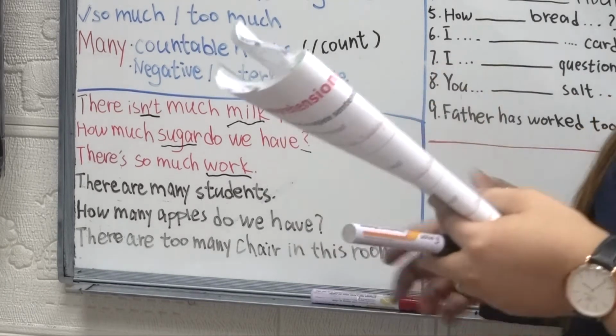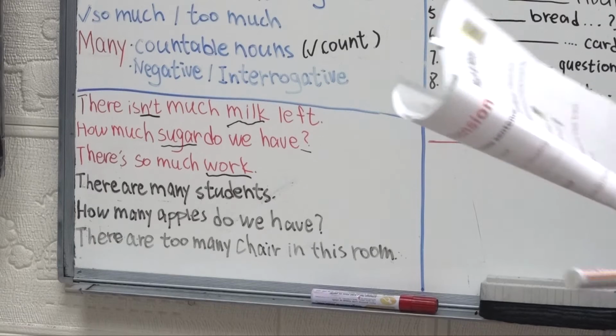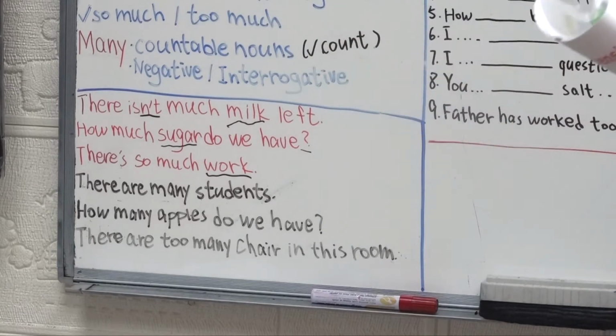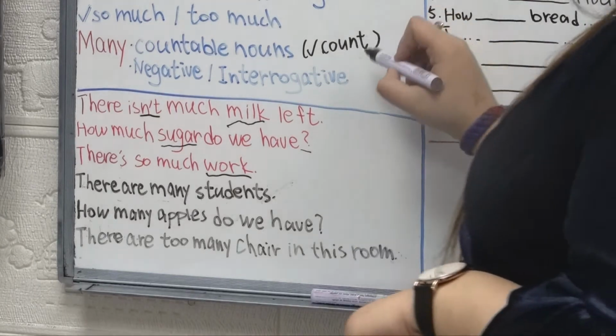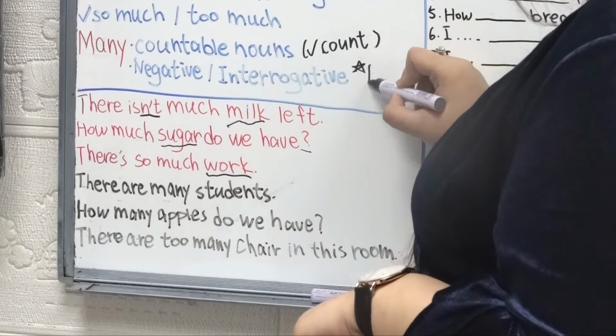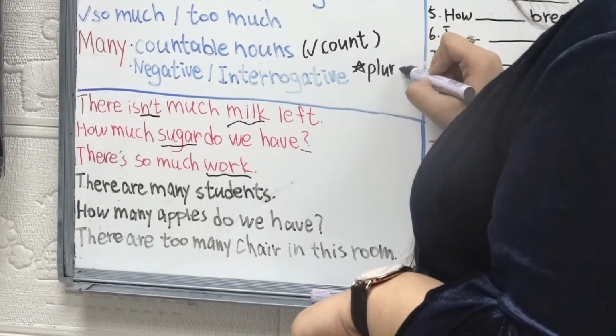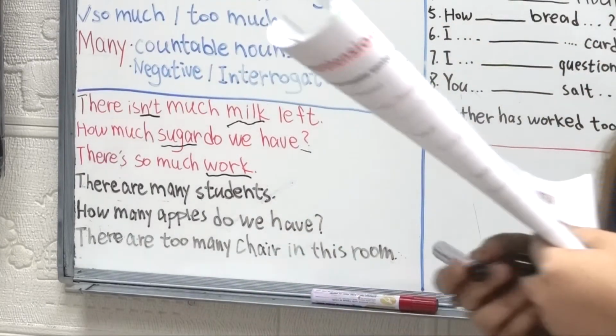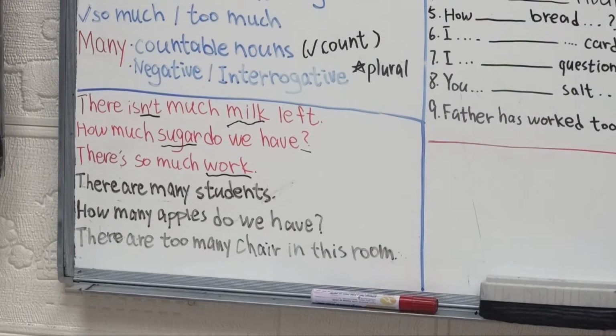Next one is for many. Let's have a look at many, the blue one in your book. We use many with countable nouns in the plural. In the plural, remember. Okay? It's frequently used in negative and interrogative sentences. It can be used in the affirmative.